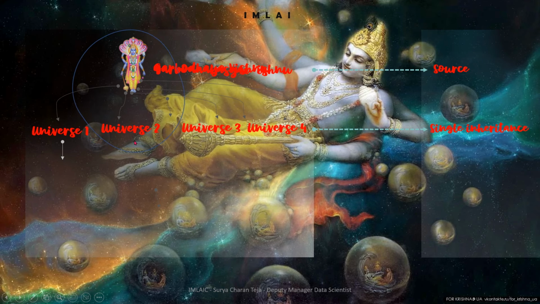Now each universe will further have Brahma. For universe 1, Brahma 1; universe 2, Brahma 2; universe 3, Brahma 3; and Brahma 4 for universe 4. Now, if you see this, it is a multi-level inheritance, because this Brahma inherits from universe 2, and then this universe 2 inherits from here.